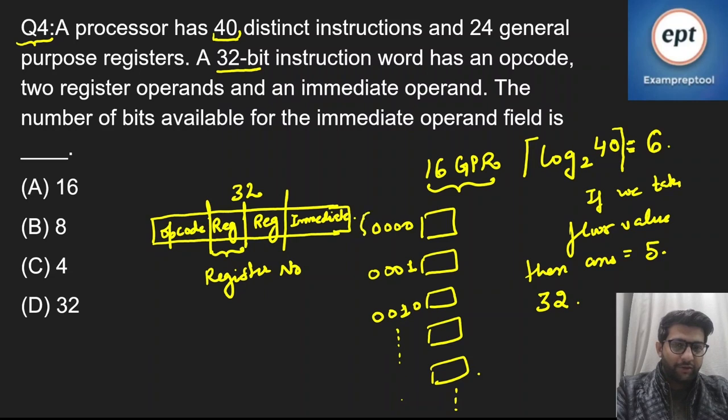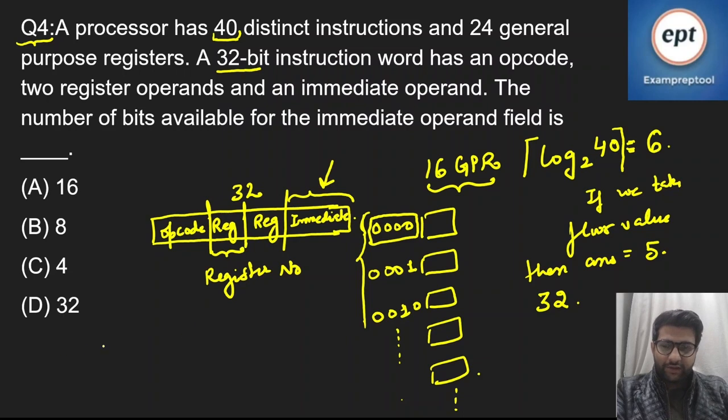Why four different bits? Because we had 16 different registers. So this register number will be stored in this particular field, right? And what is the immediate value? The exact value that will be used in the instruction will be stored here, right?